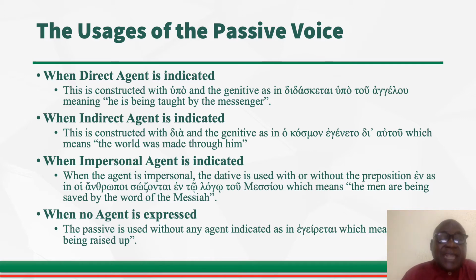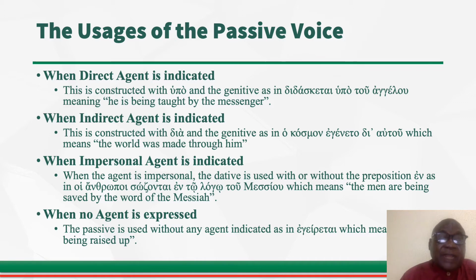Now, the agent can be impersonal, that is, it may not be a human being. And when this is the case, dative is used and it may carry the preposition en or not. An example here is hoi anthropoi sozontai en to logo tou Messiou, which means the men are being saved by the word of the Messiah.